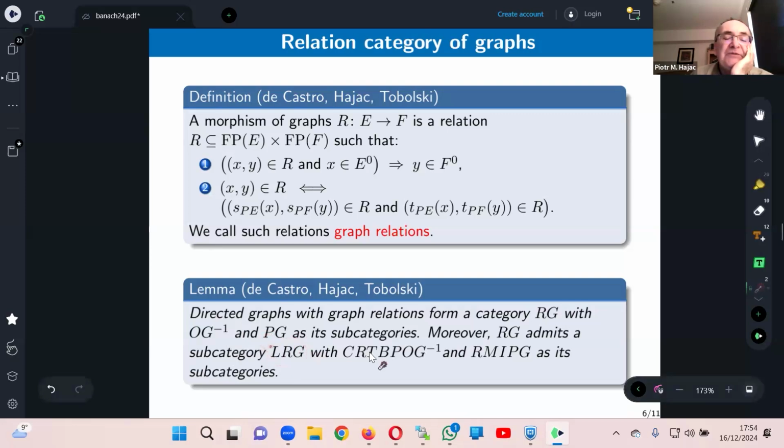But finally, we managed to define a category of relations, which would be admissible relations, such that admissible morphisms in the sense of path homomorphisms, and admissible morphisms in the sense of homomorphisms, these two admissible categories sit as subcategories in our new category of admissible relations.